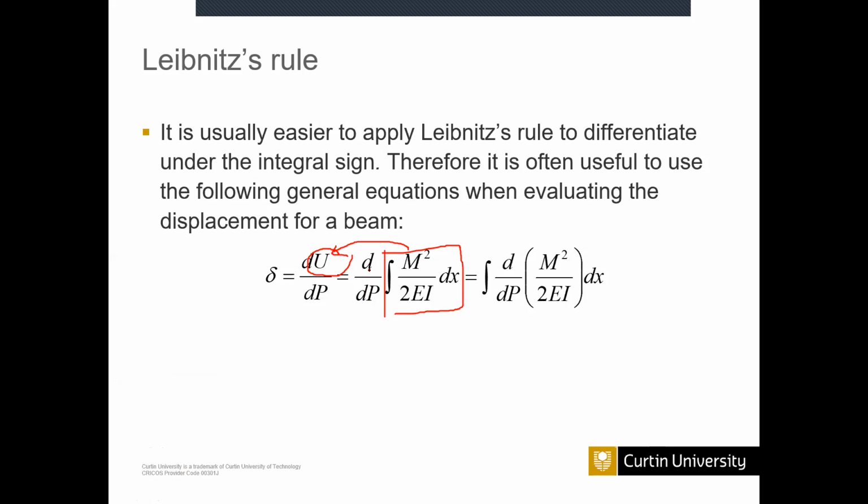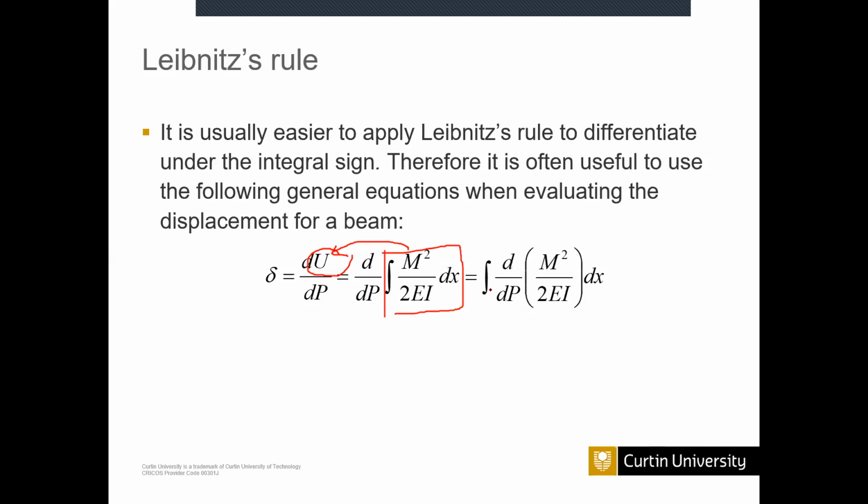But in the Leibniz rule, you can put the differentiate part inside and take it out of the integration. You can take this d divided by dp inside. So you need to differentiate with respect to p this part first, then integrate with respect to ds.